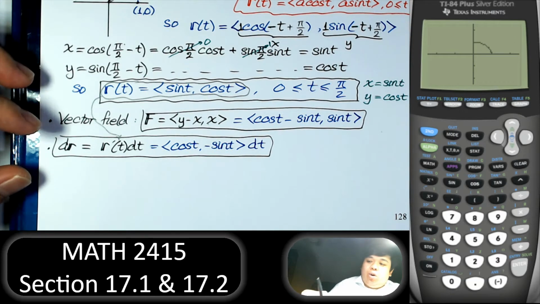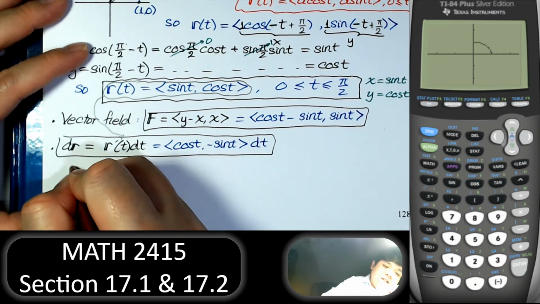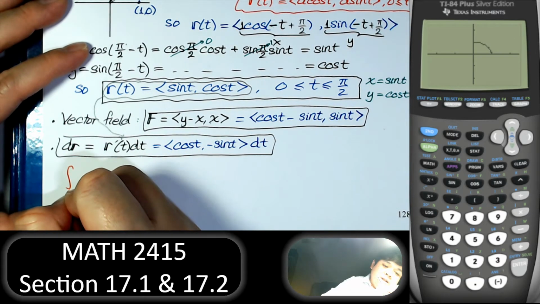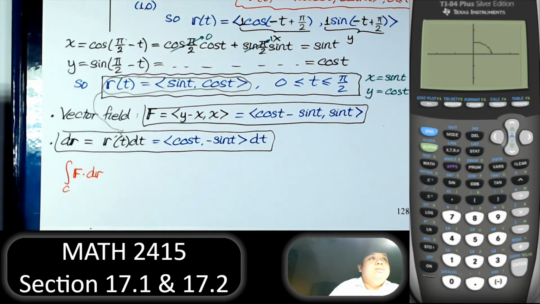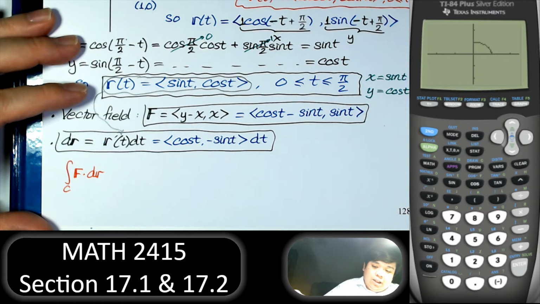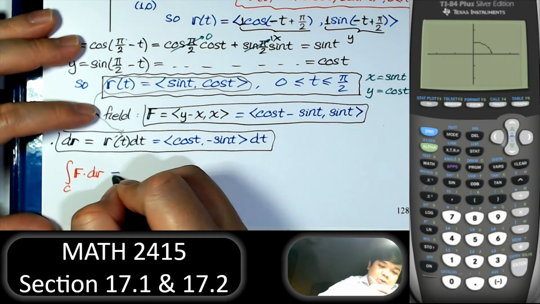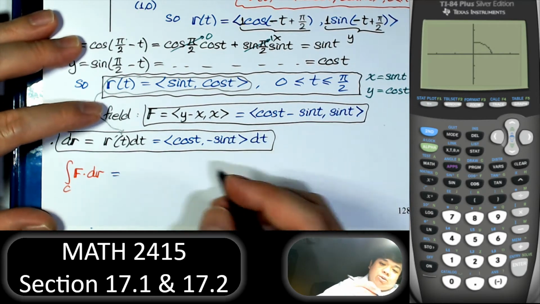So the line integral pretty much is just f dot dr. So pretty much we just multiply, the dot product of those two.